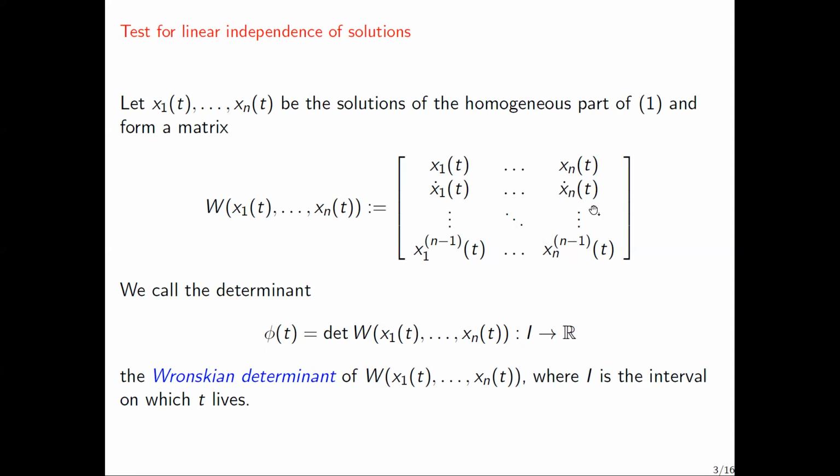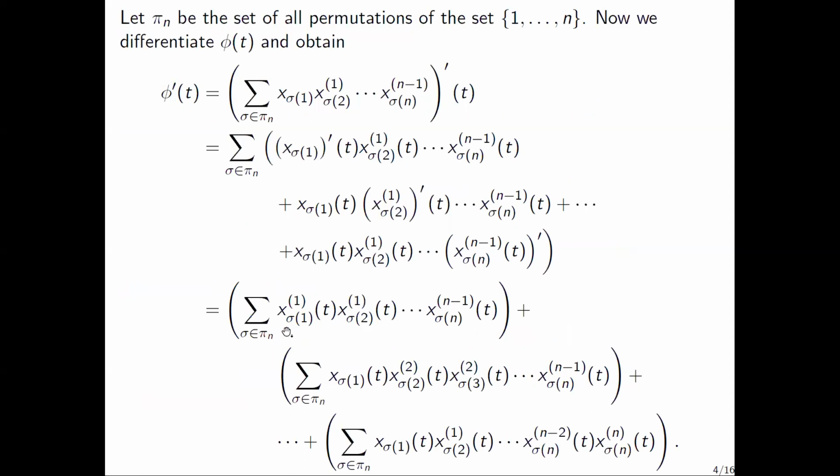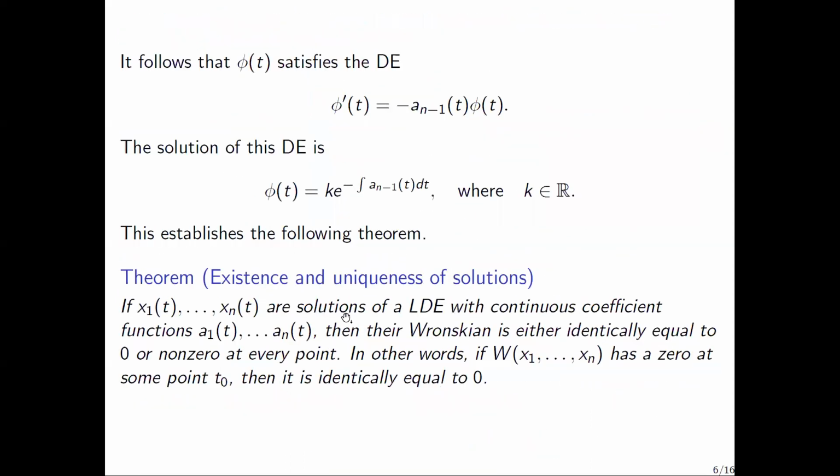To prove this result, one needs to observe that the Wronskian determinant, which is a function of t, satisfies one specific linear differential equation. This is that one. So phi prime is minus the coefficient at the n minus first derivative times phi.